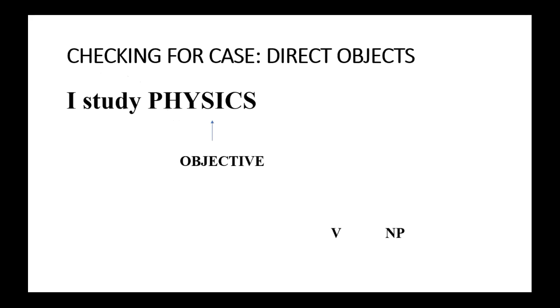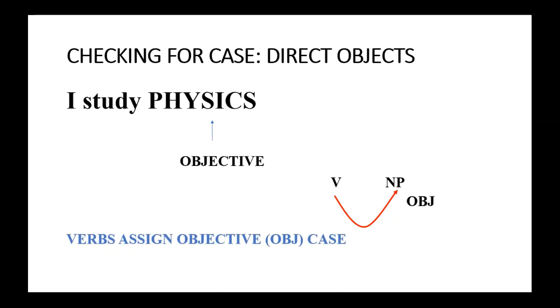How does it get objective case? Because we have a verb and a complement, and the verb automatically assigns objective case to its complement. So direct objects get objective case directly from the verb.